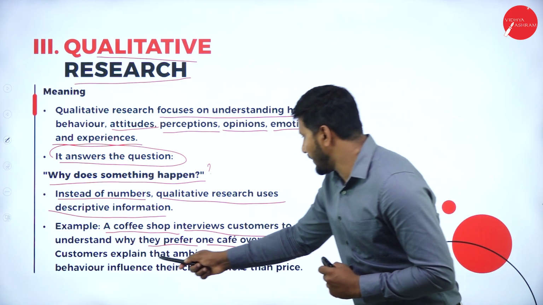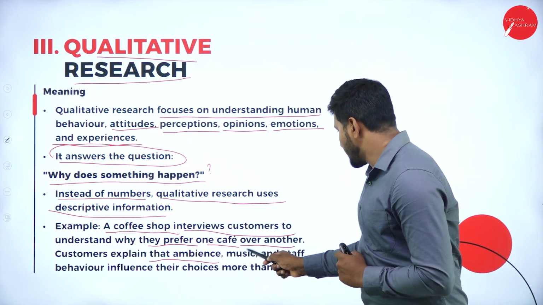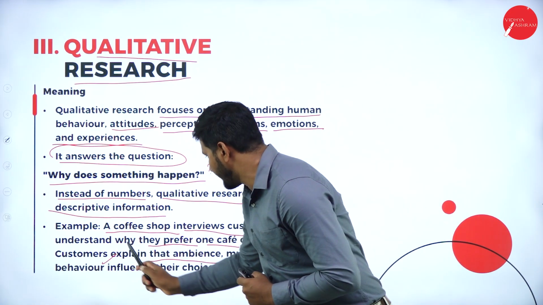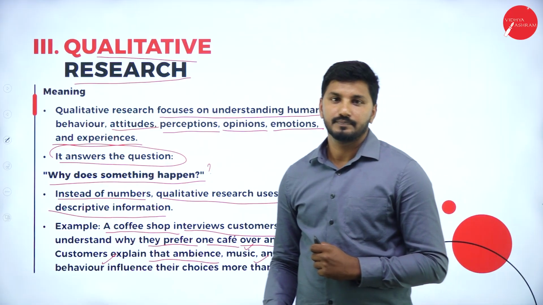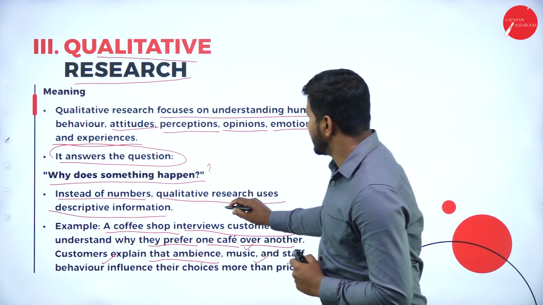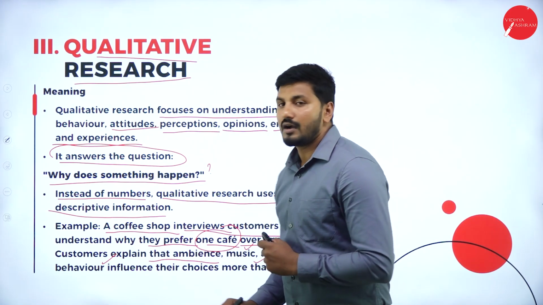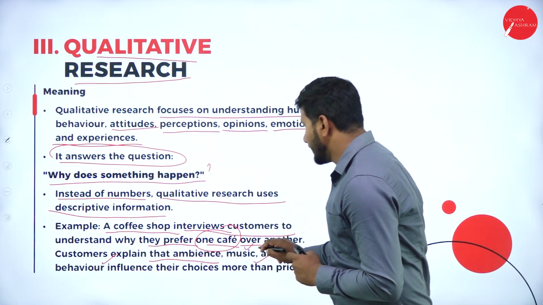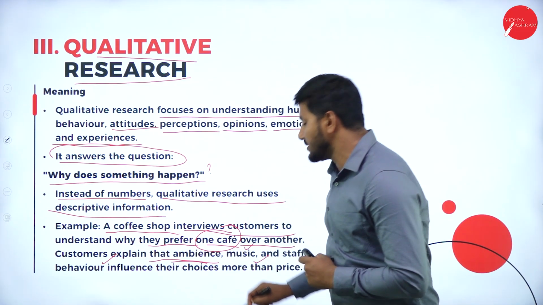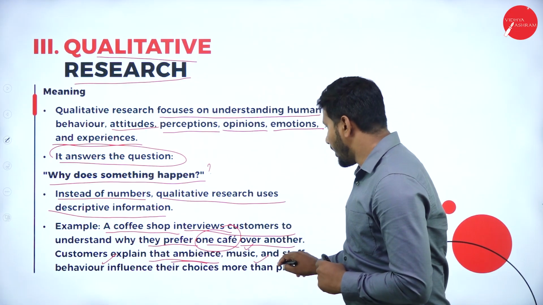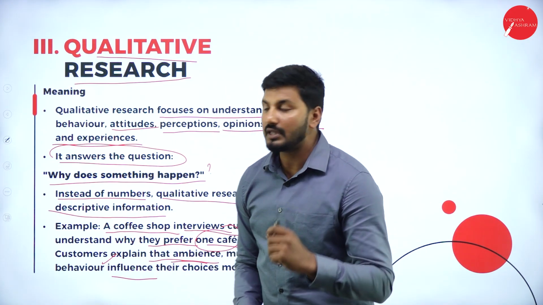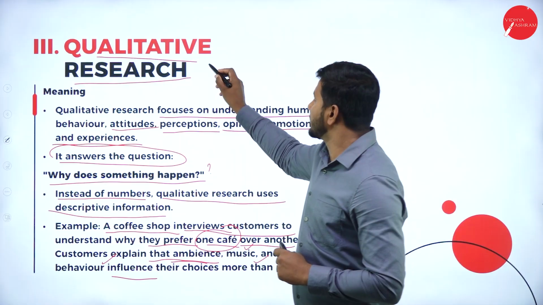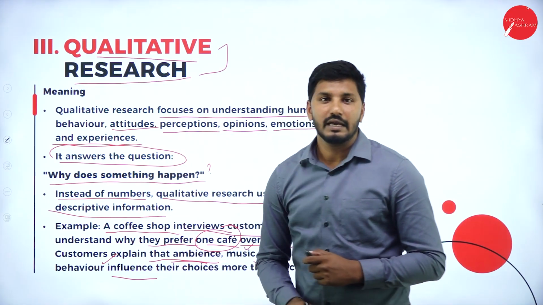It explains that ambience, music and staff behavior influence their choices more than the price. In the sense, this is purely related to the ambience, the music, along with the staff behavior towards that particular consumer. Those may be the major reasons qualitative research is included.